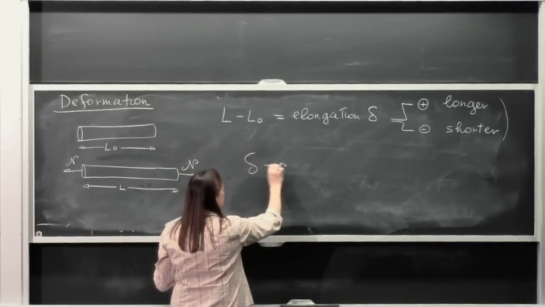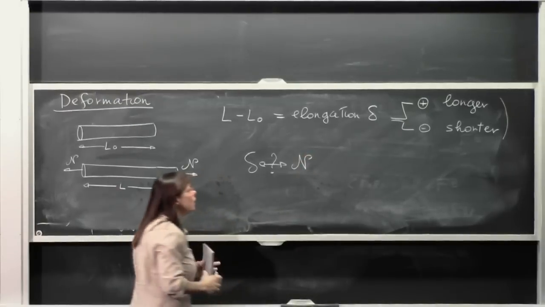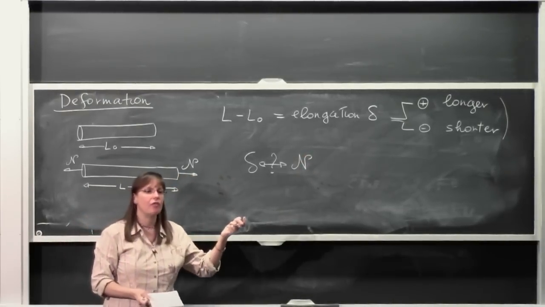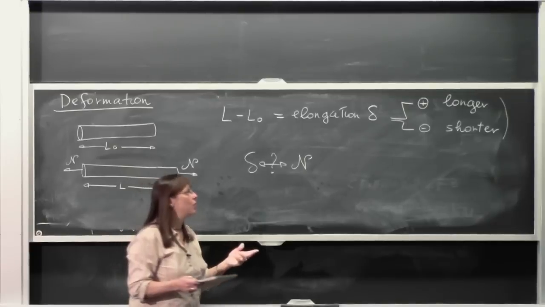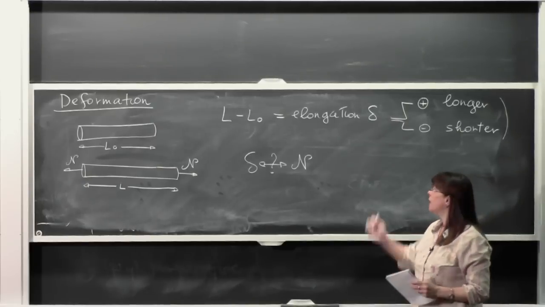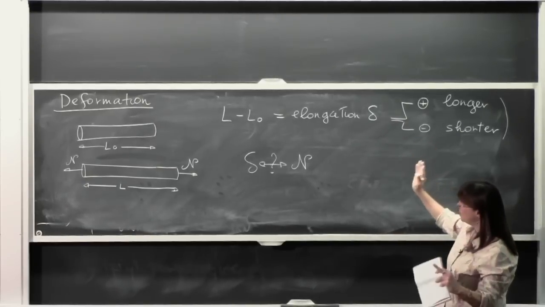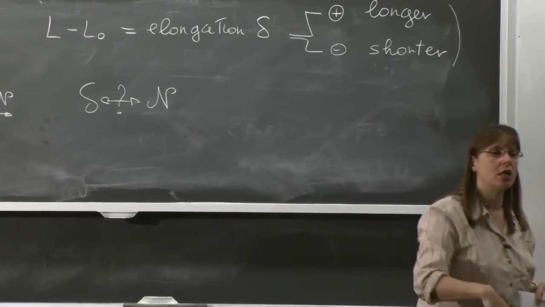What is the connection between the elongation of the bar and the axial force in the bar? We see that the positive axial force, that is tension, somehow must be related to the fact that you have a positive elongation delta. And the negative axial force, which means compression, we can kind of expect to be related to shortening of the bar.